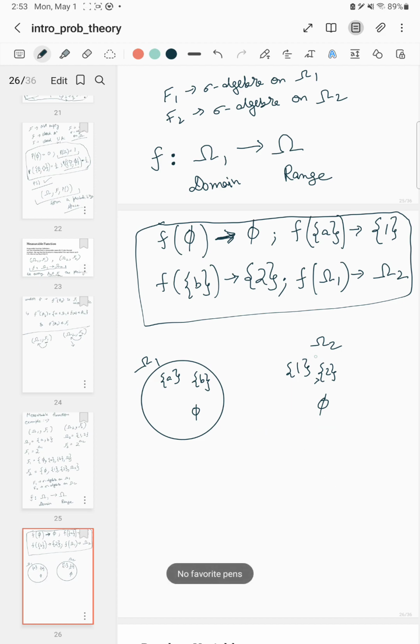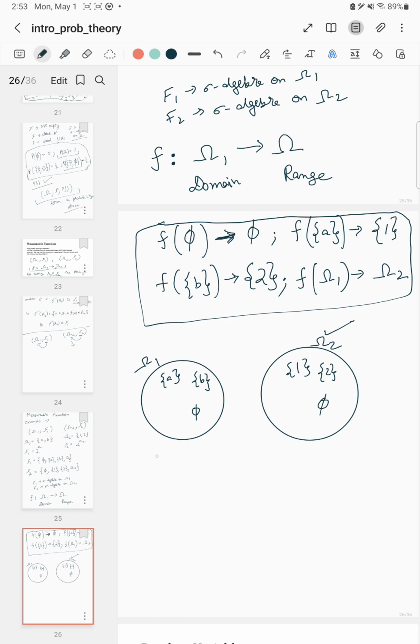So we have to take any set present in the sigma algebra of omega 2, and for every such set present in the sigma algebra F2, its pre-image in the sample space omega 1 should be a part of the sigma algebra F1.